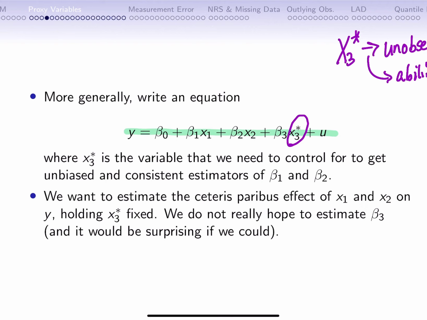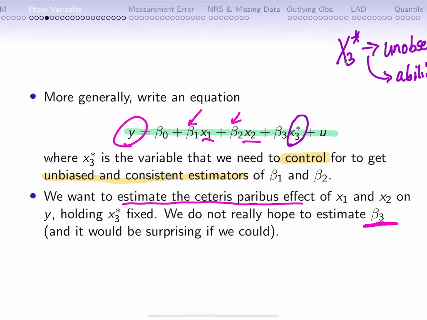So what we really want to do is control for ability to get unbiased and consistent estimators for beta 1 and beta 2. In other words, we are trying to estimate the ceteris paribus effects that x1 and x2 have on y, which is wages, holding ability fixed. Now we can't estimate beta 3, right? That's a given. We cannot estimate beta 3 because we don't have data on x3 star.